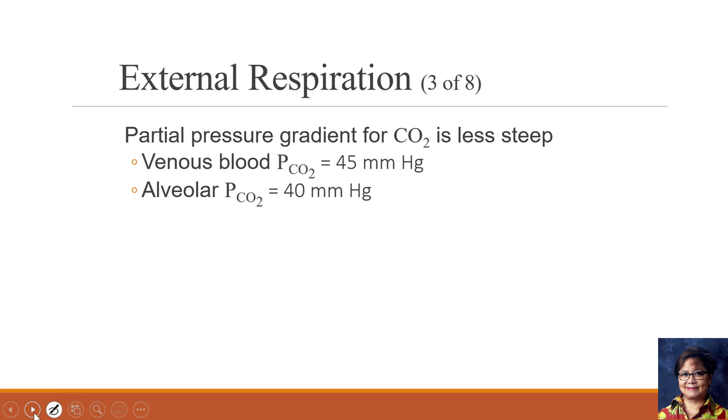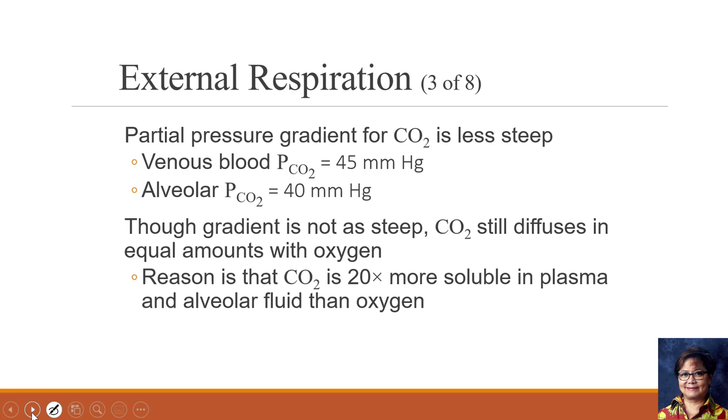But that is still a pressure gradient. Though it's not so steep, the carbon dioxide still diffuses in equal amounts with oxygen. And the reason is that carbon dioxide is 20 times more soluble in the plasma. Remember that carbon dioxide is more soluble in water, and in the alveolar fluid, than oxygen itself.